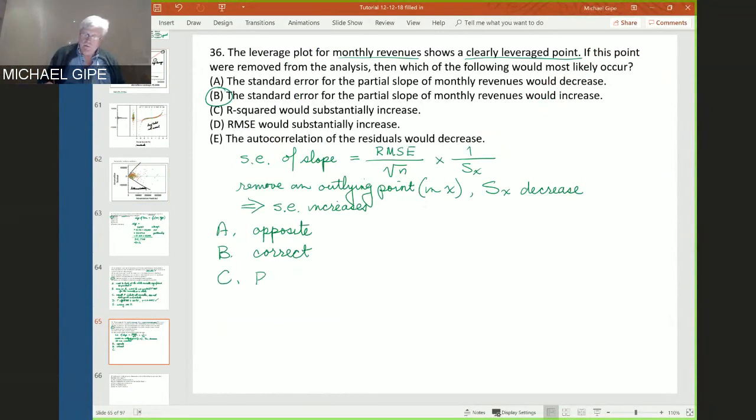R squared, of course, is 1 minus RMSE squared over S, standard deviation in Y, squared. RMSE doesn't change substantially. And how do we know that?